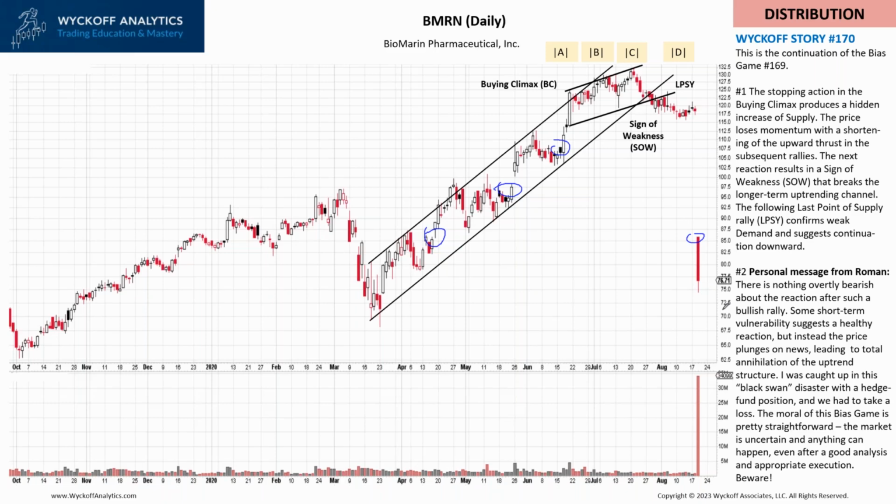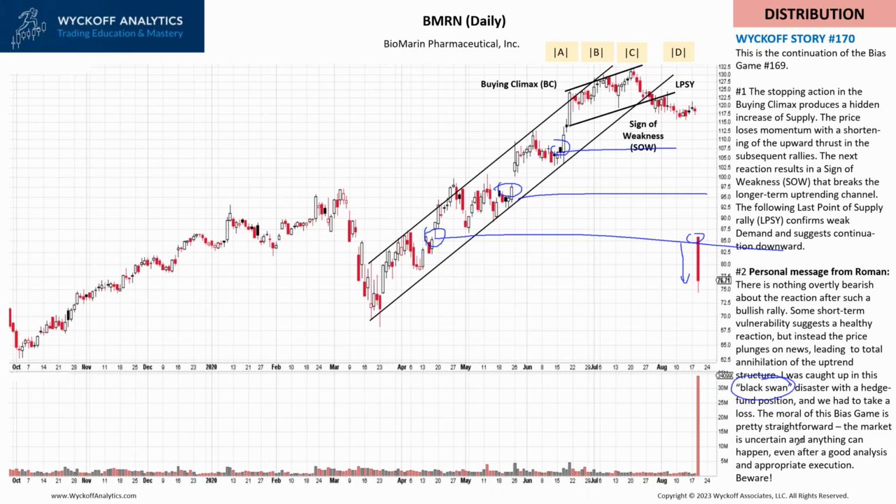Yes, bad news, but you have to see what kind of close we're going to have. And this was a pretty quick, morning-type move to the downside. So definitely under all units. This is that black swan event that sometimes happens.